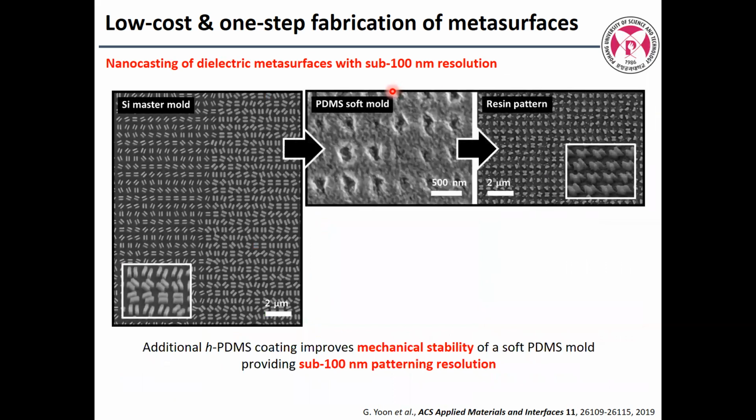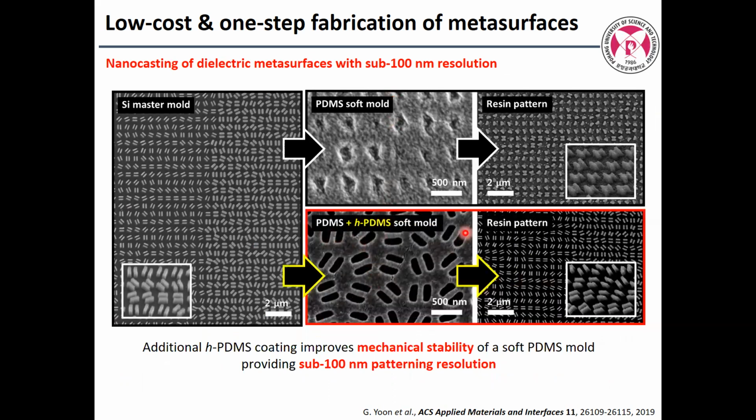So for the first problem, transferring sub 100 nanometer resolution, we solved it with double PDMS, hard PDMS with the normal PDMS. They have good surface energy, so they can transfer sub 100 nanometer patterns easily. So you can compare with the normal PDMS printing.